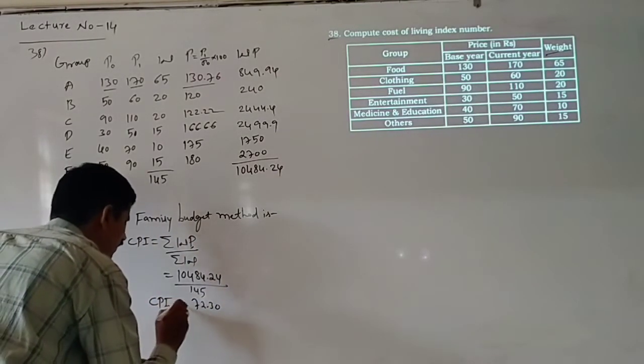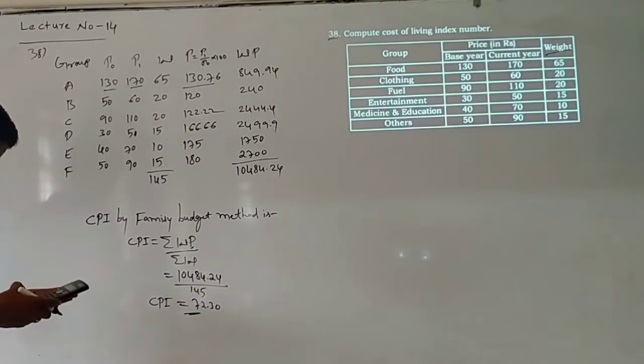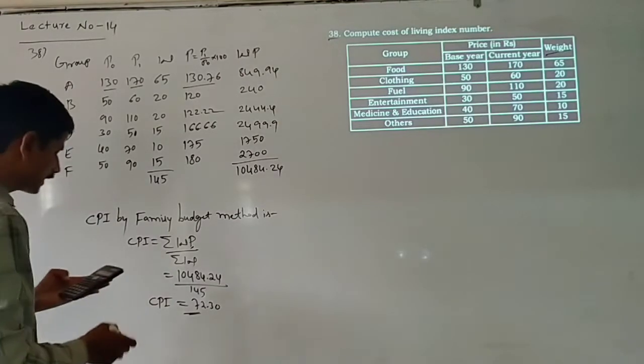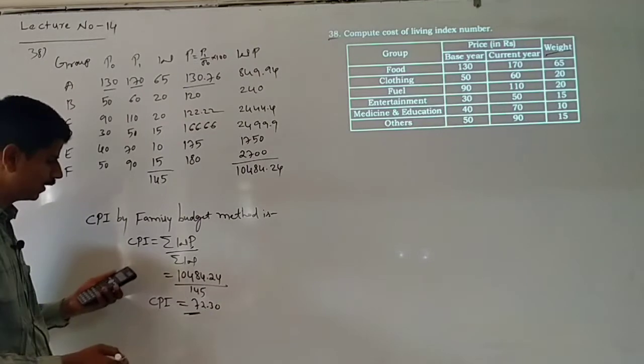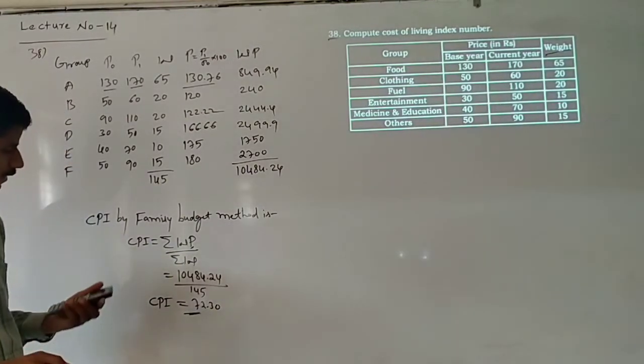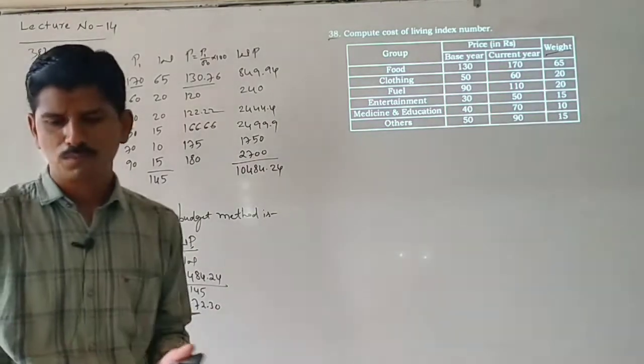CPI is 72.30. Here the price level has decreased by 27.69, since the base is 100. 100 minus 72.30 is 27.69. Okay, that is about the 38th problem.